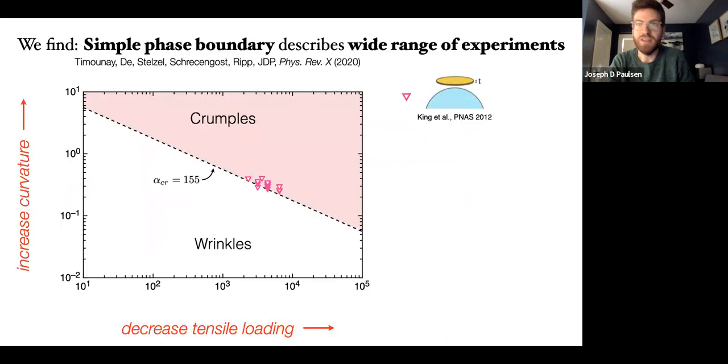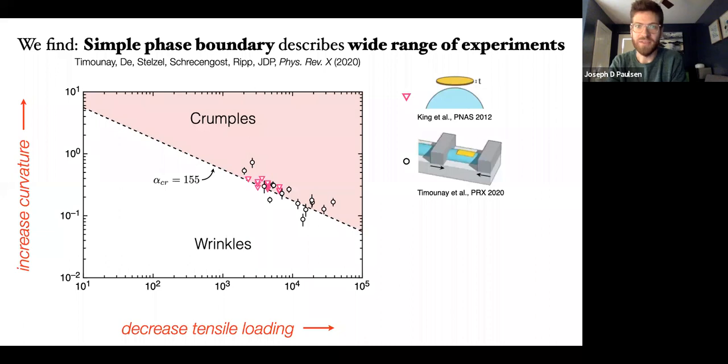So we've built an empirical phase diagram of all 4 settings, where I'm showing you Hunter King's data points as these pink triangles. This dashed line is a dimensionless number that I'm going to introduce in the next slide. But for now, just take it to be some criterion for going from wrinkles to crumples.